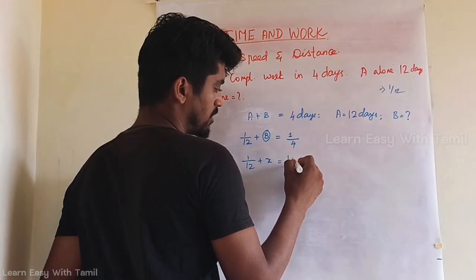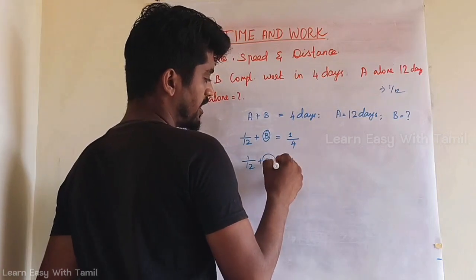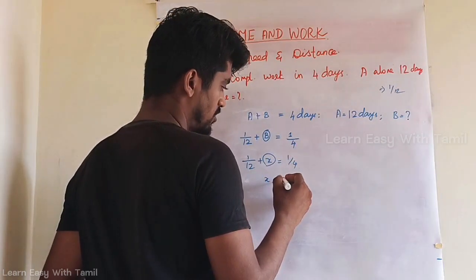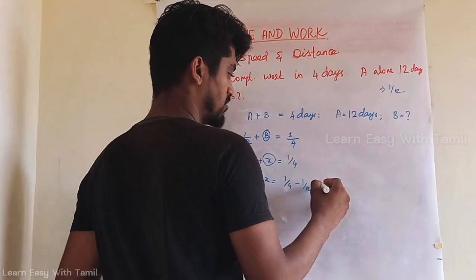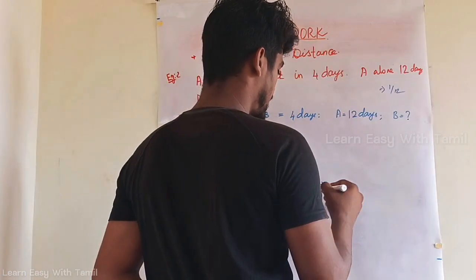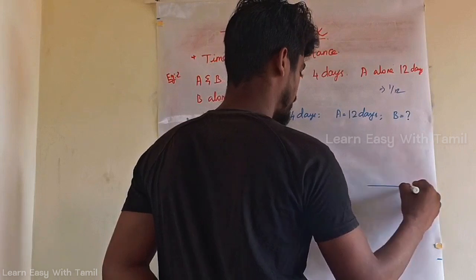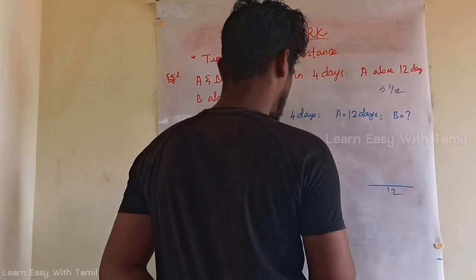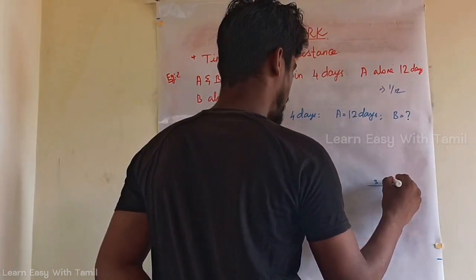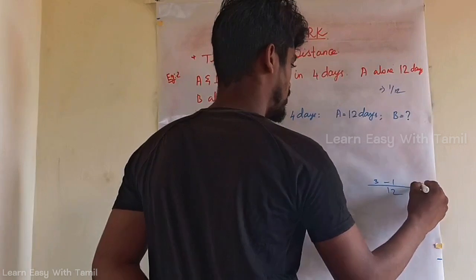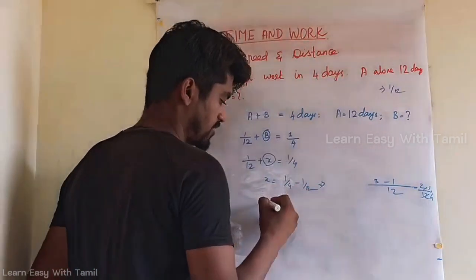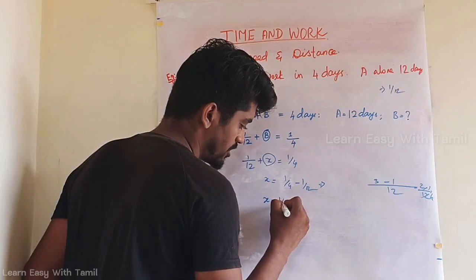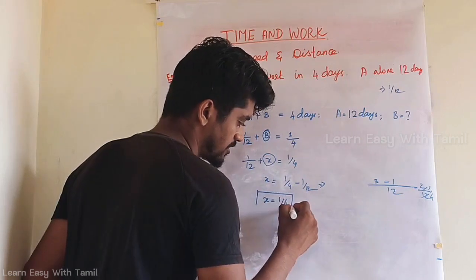So x is equal to 1 by 4 minus 1 by 12. We have to take the LCM: 12, 3 times 3 minus 1, that is 2 by 12, which is 1 by 6. So the x value is 1 by 6.